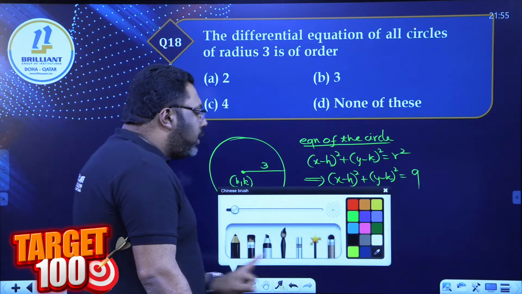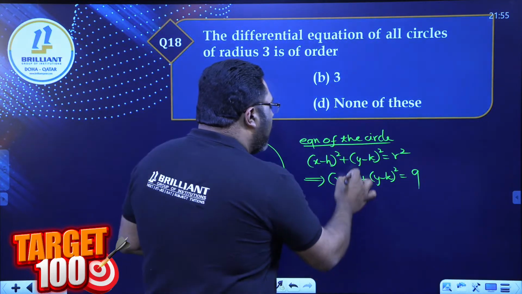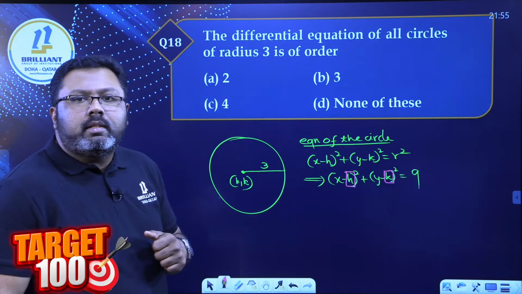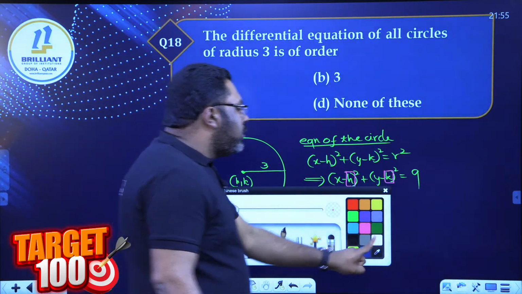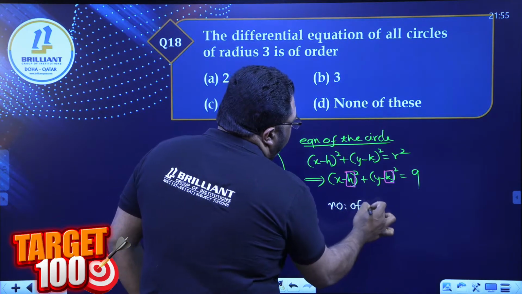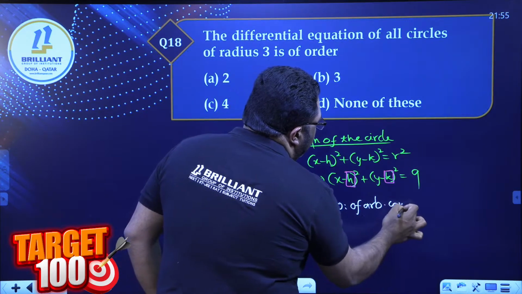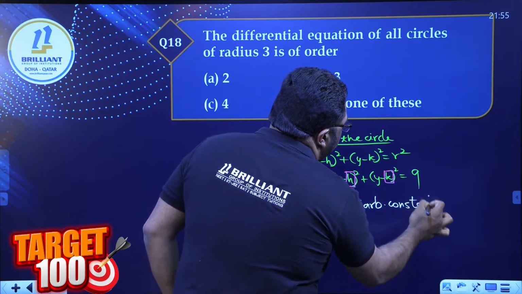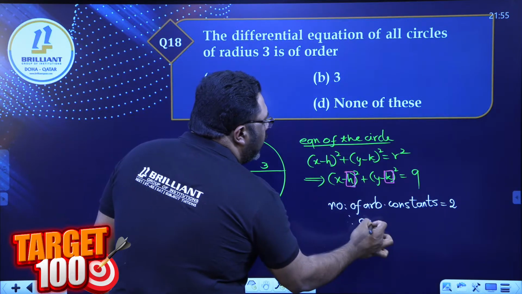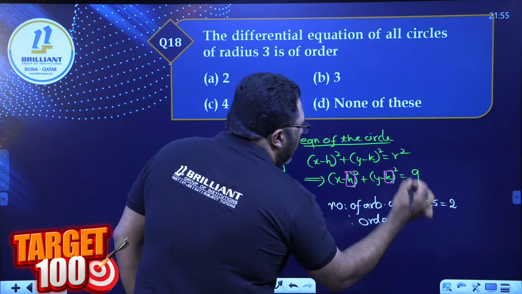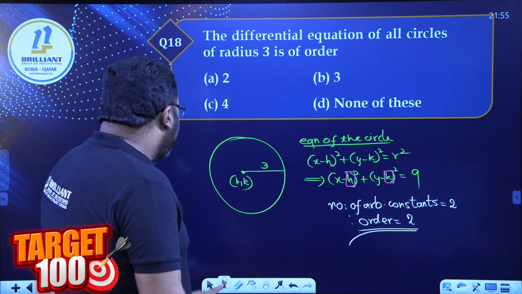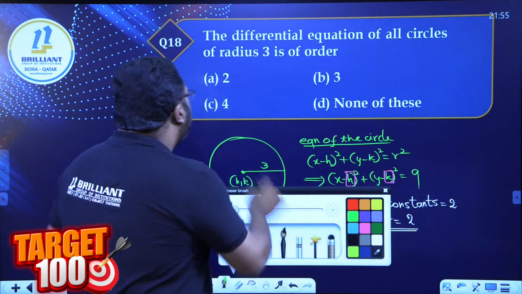How many arbitrary constants? 2, right? Number of arbitrary constants is 2. Therefore, what is going to be the order of my differential equation? Order is also 2. Option A, 2.